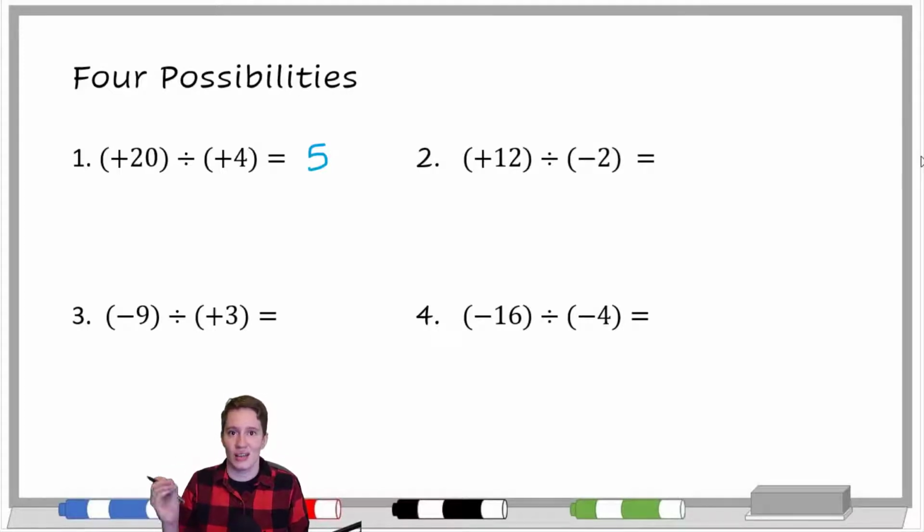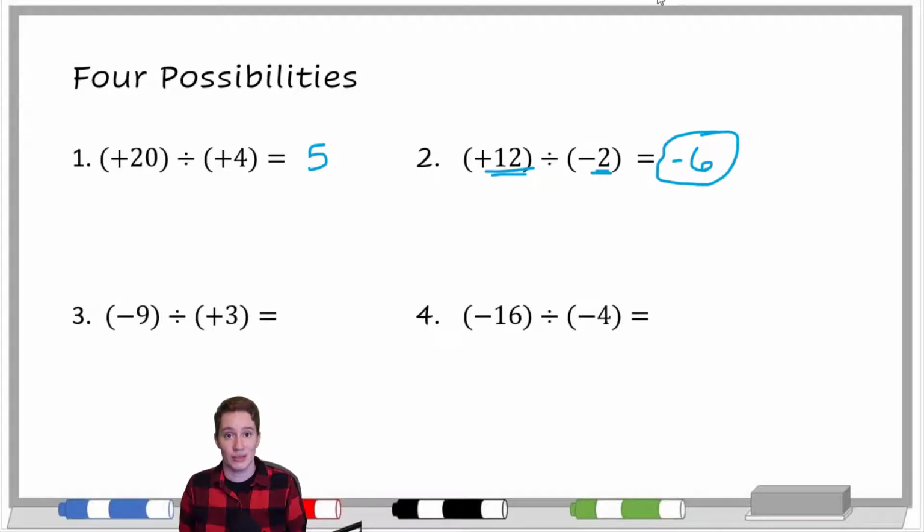So our answer, if you need to think of it this way, because it doesn't really make sense as a question, that might be your trigger to know that, okay, this answer needs to be negative. So this is a negative 6. Also, all division problems can be rewritten as multiplication problems, right?